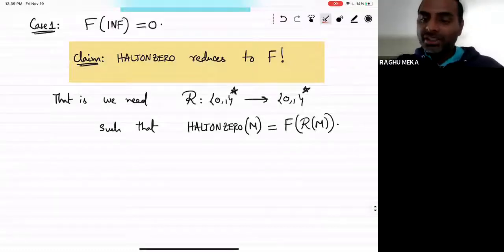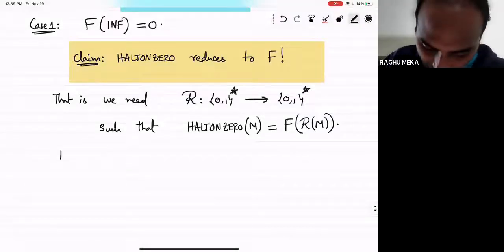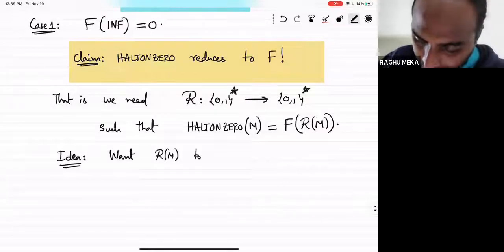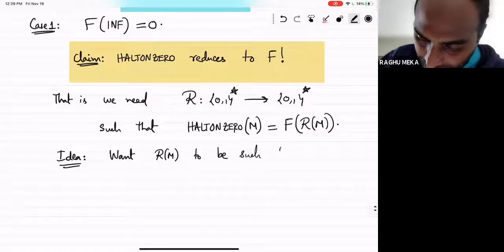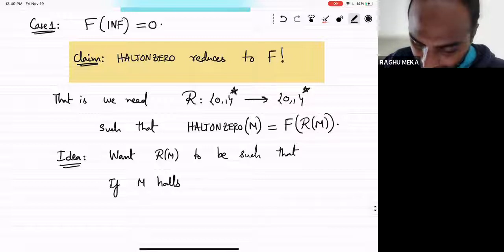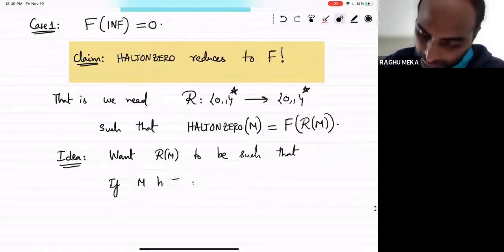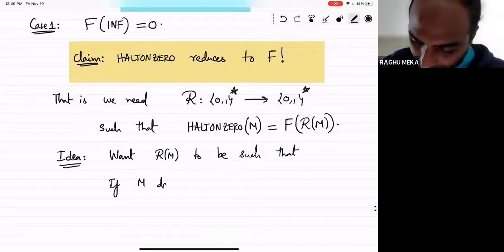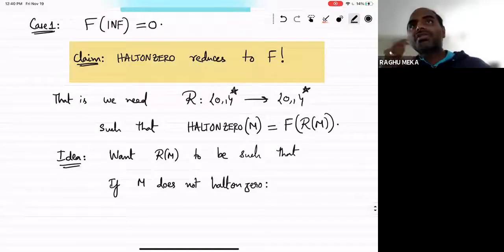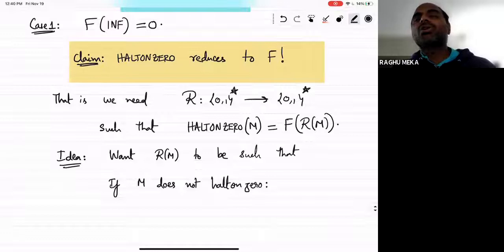So one suggestion, let me give a hint, is this idea. Suppose M is a machine that does not halt on 0.